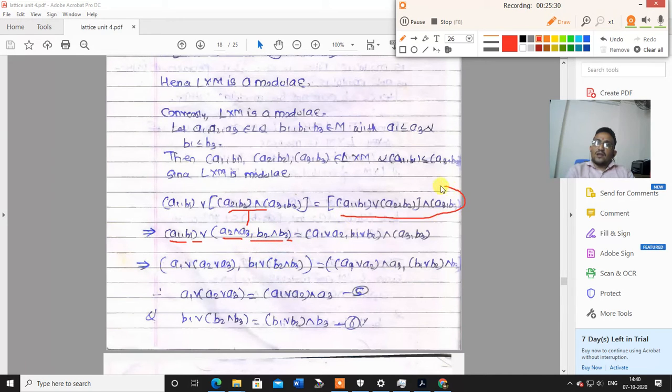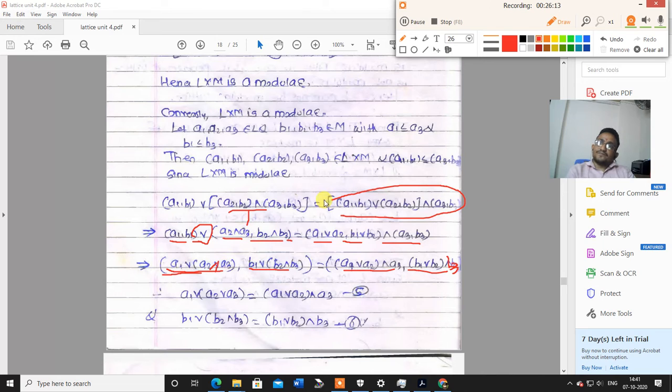This gives, again by taking the ordered pair in join and meet, (a1 join (a2 meet a3), b1 join (b2 meet b3)) equal to ((a1 join a2) meet a3, (b1 join b2) meet b3). Okay, which is important here.